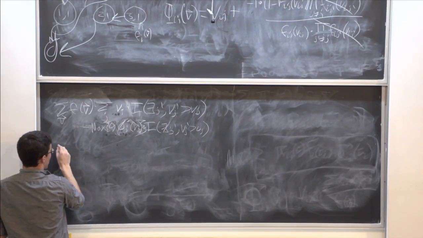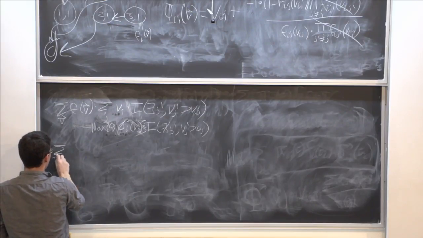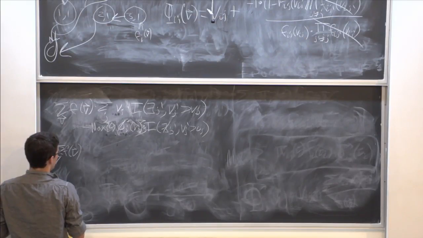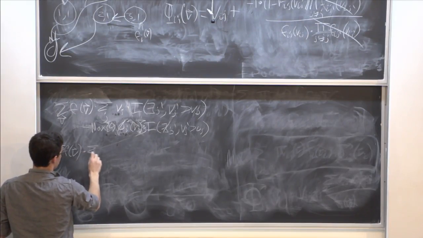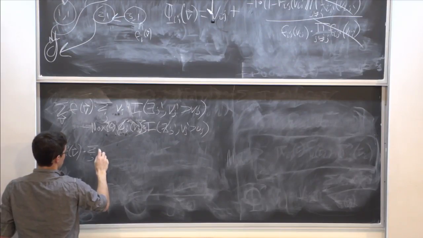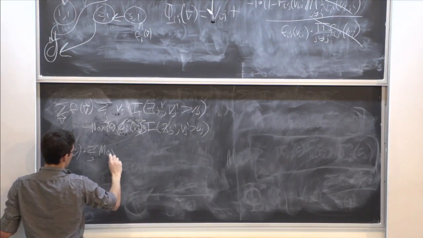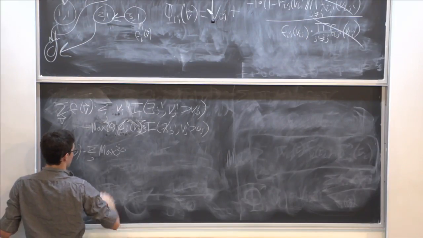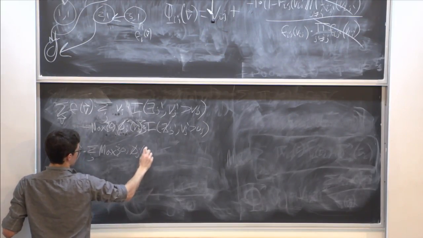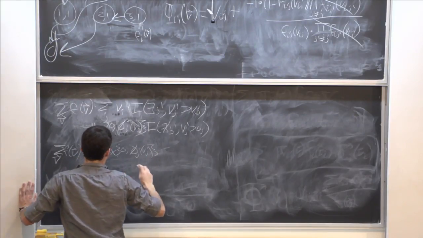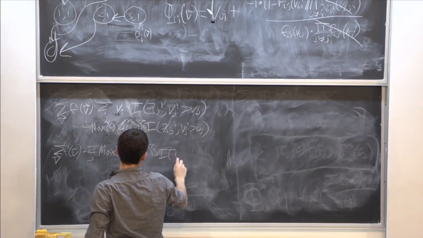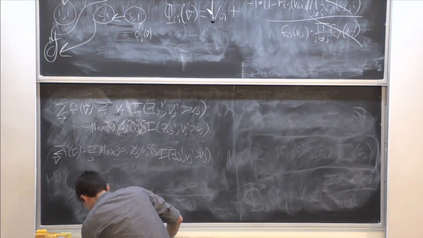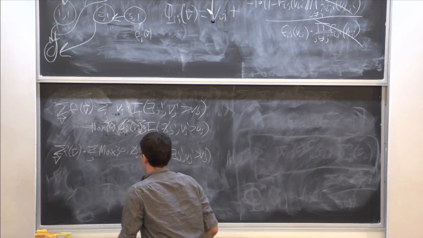So let's just look at, again, the sum over all v, f of v times the sum over all j. Okay, so this is what we have.